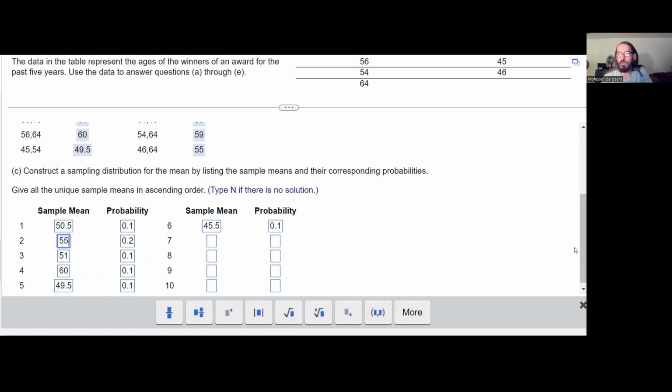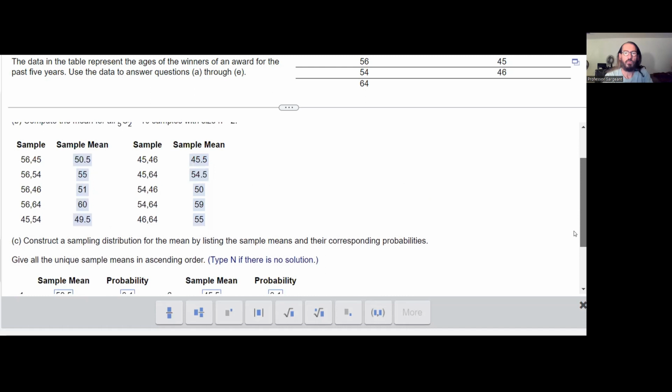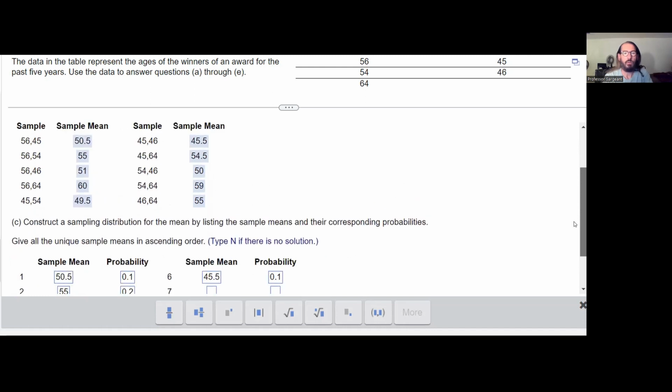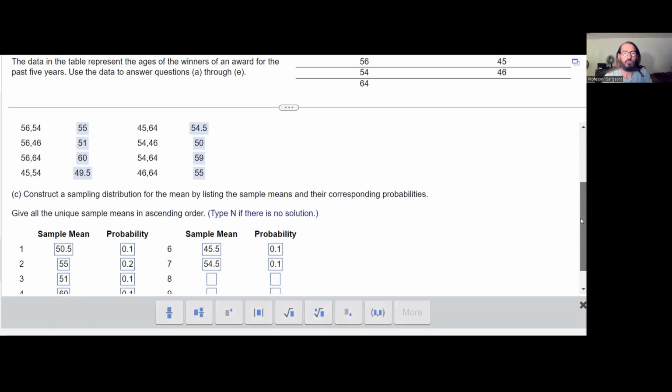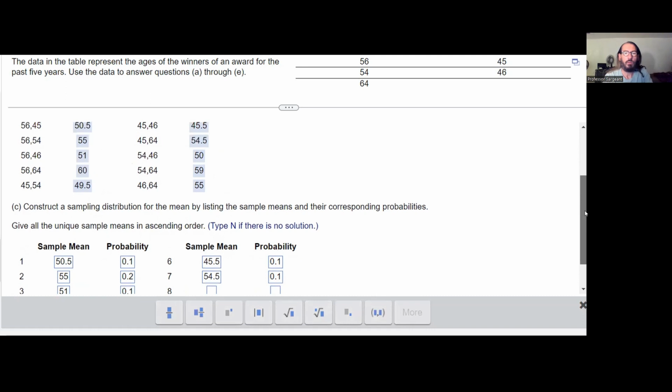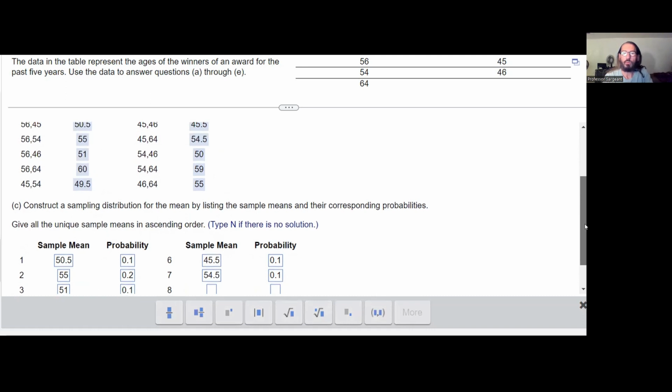Then we had 54.5. There's only one of those. Eighth one was a 50. There's only one of those.